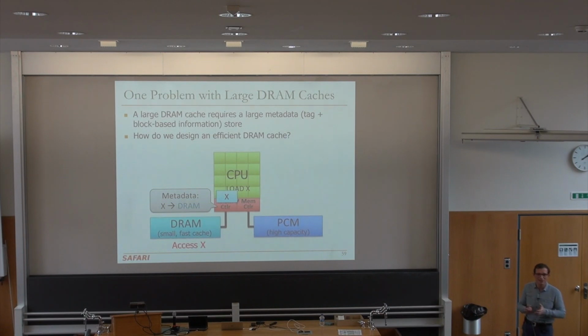For each block, basically. And 2 to the 24 is already a big number. Assume each tag store entry is 4 bytes, that's 2 to the 26 bytes. That's 64 megabytes already. That's already bigger than your last level cache almost, right? That doesn't sound good. Maybe you should not do this and have a bigger last level cache. So that basically that's the problem.